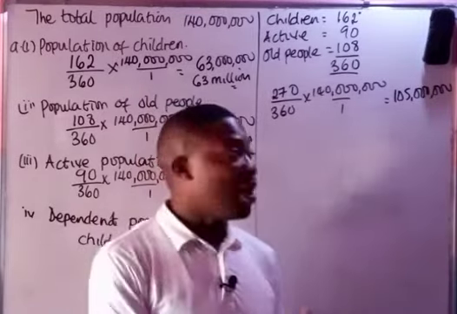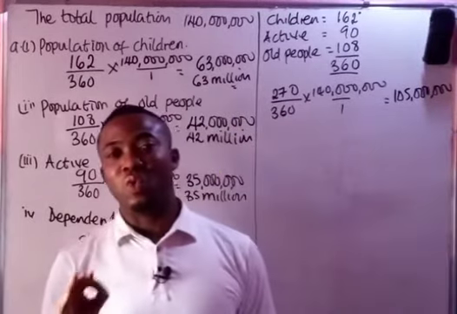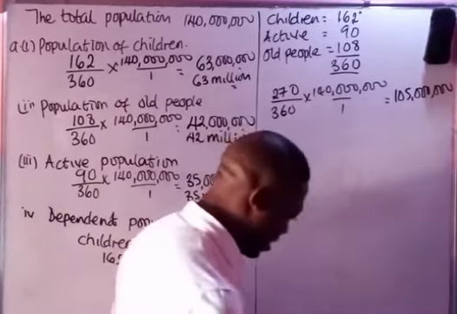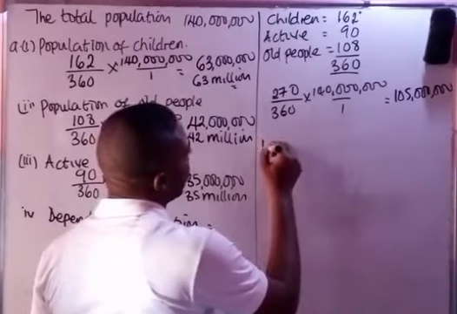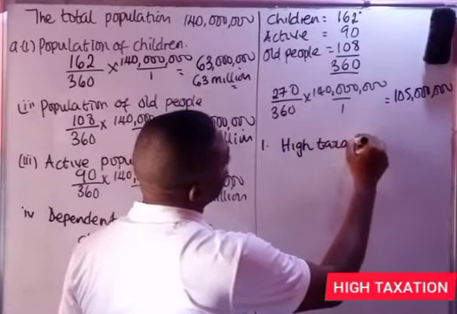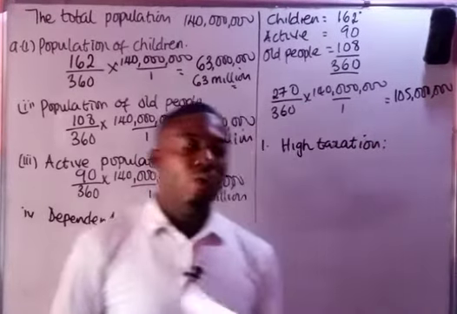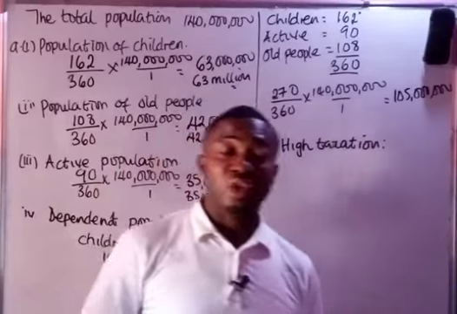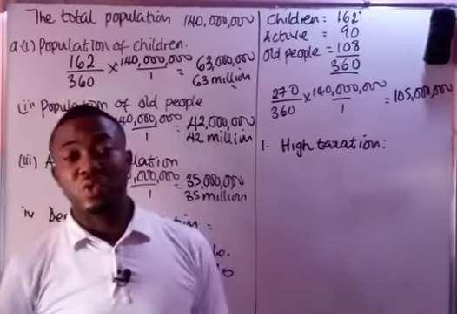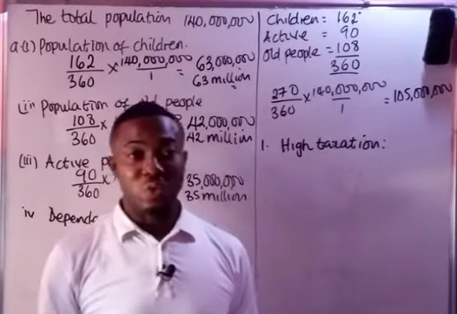So in this population structure, the economic implication is that one, the first economic implication will be high taxation. High taxation. Now, what is taxation? Taxation is a levy, compulsory levy imposed by the government of a country on individual and on goods and services.